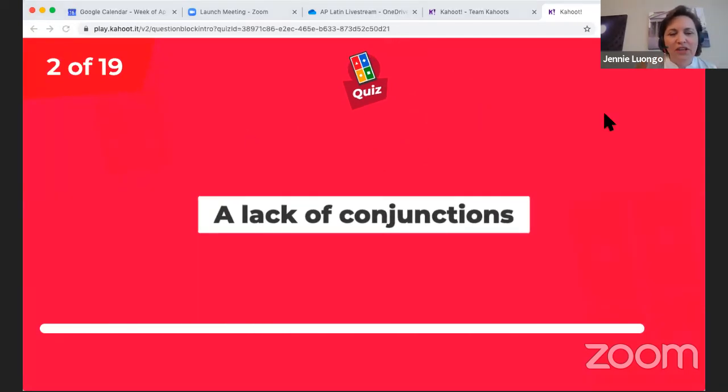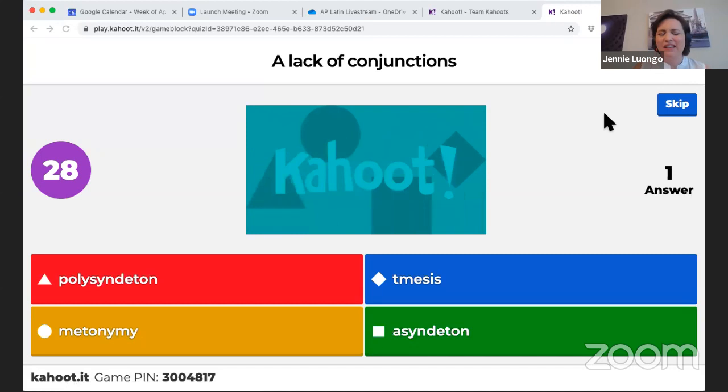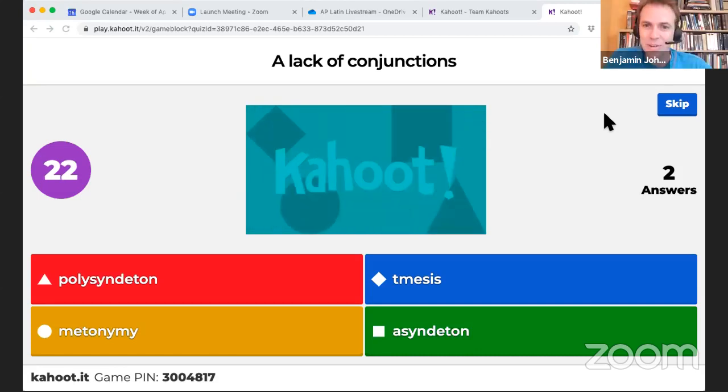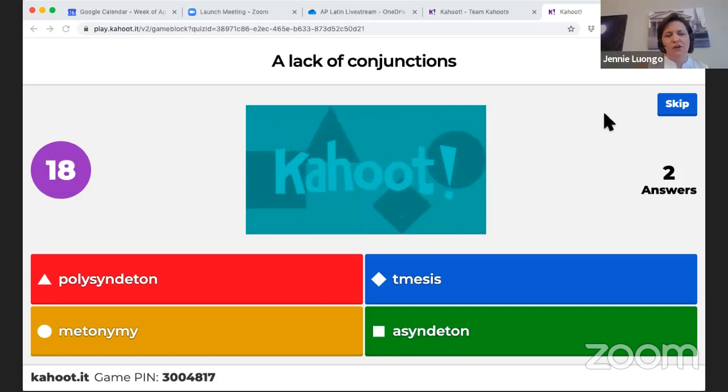So now we're looking for a lack of conjunctions. I have a feeling that this is going to be one that a lot of people know as well, if you know your Greek prefixes, right? Exactly. I may even cut this one off early, but we'll see how many answers come in after we get to about 10 seconds or 5.